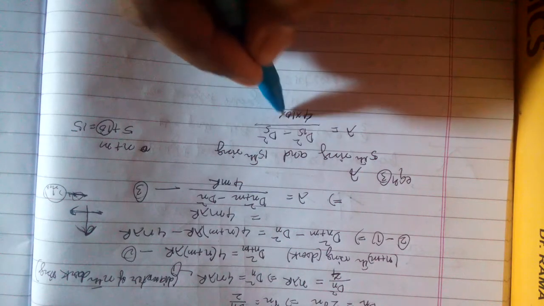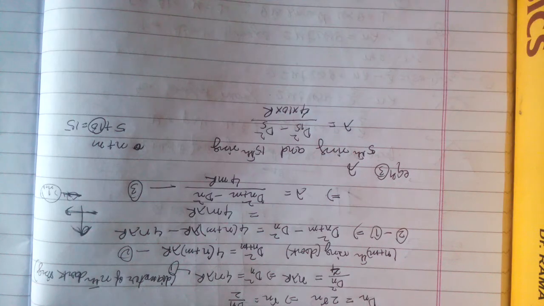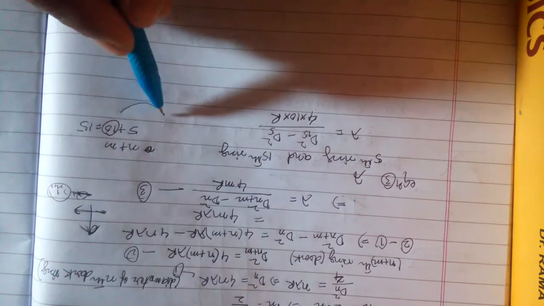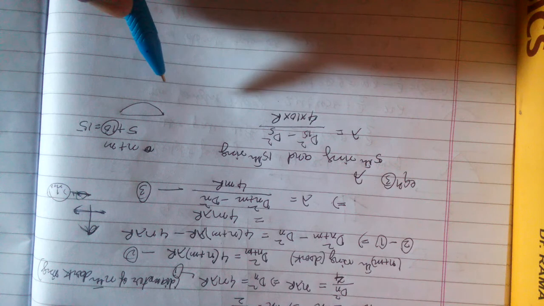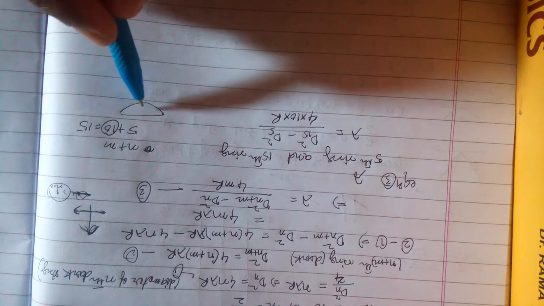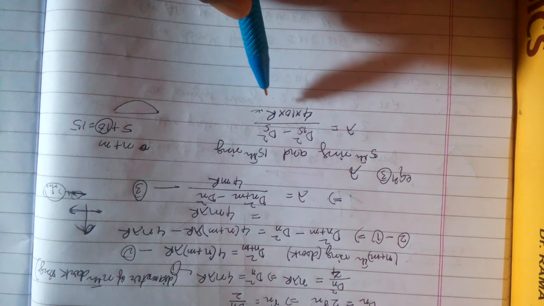So 4 into 10 into capital R, where capital R is the radius of curvature of the lower surface, that means the radius of the plano-convex lens. The plano-convex lens has some radius, and that radius is the capital R, which is given in the experiment initially.